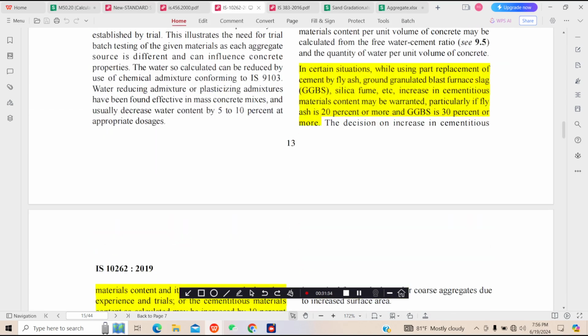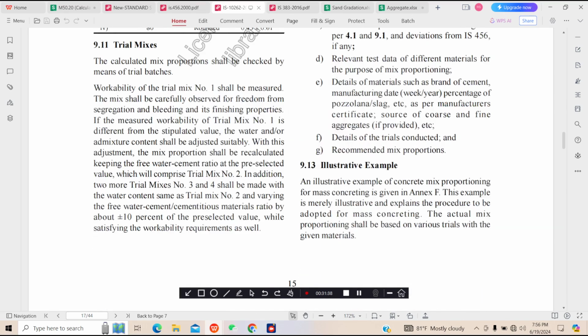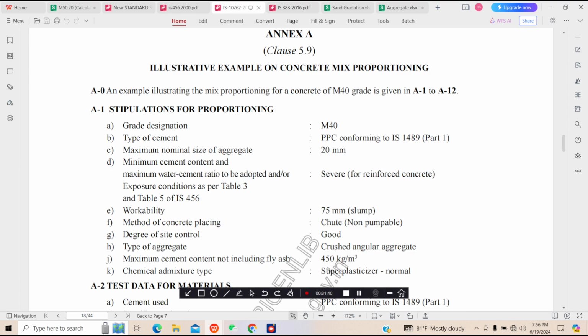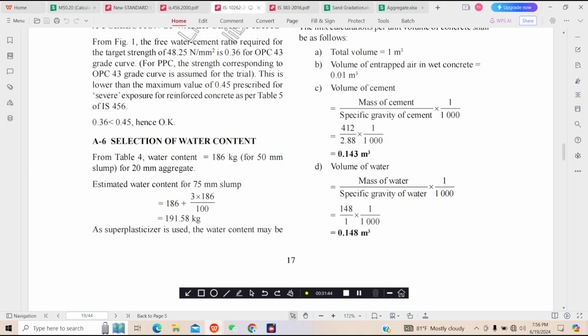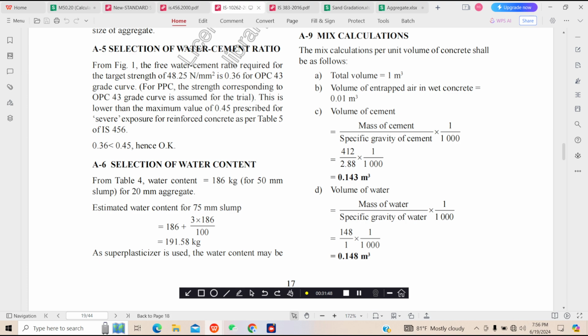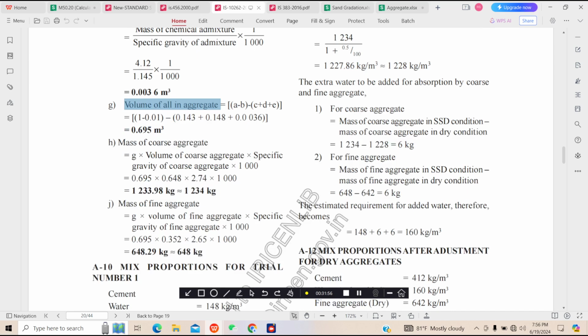They have taken examples for the clarification of this code. From here only I have taken the formulas: the volume of cement, volume of water, volume of admixture, volume of all-in aggregate. All the formulas we have used are from this code only.